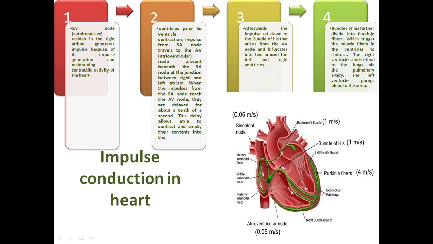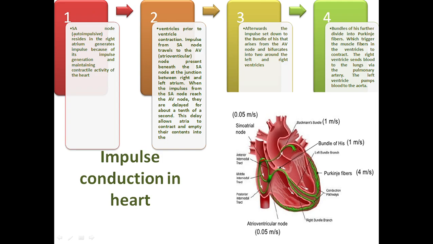From the AV node arises the bundle of His, which transmits the impulse to the ventricles, and from the bundle of His arise the fine fiber-like structures known as the Purkinje fibers. These are helpful in transmitting the nerve impulse.